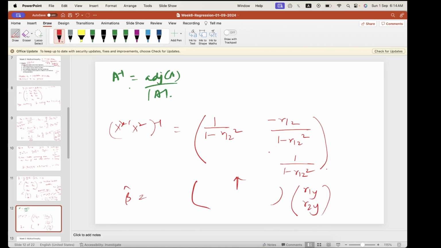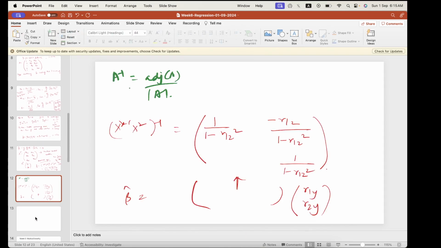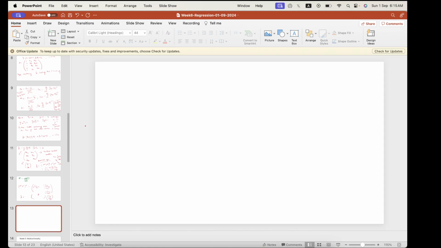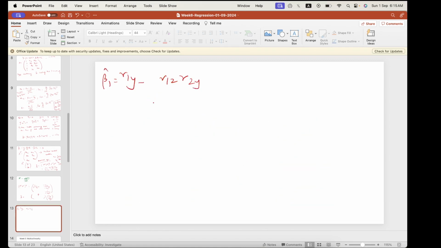If we multiply this by this, what do we get? We'll finally land up here. We'll have beta 1 hat as r1y minus r12 r2y divided by 1 minus r12 whole square.